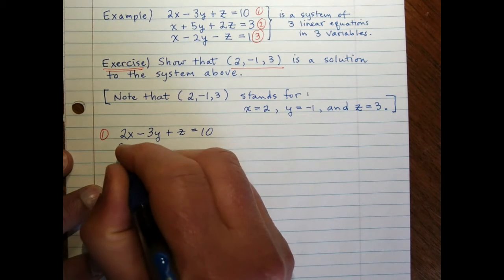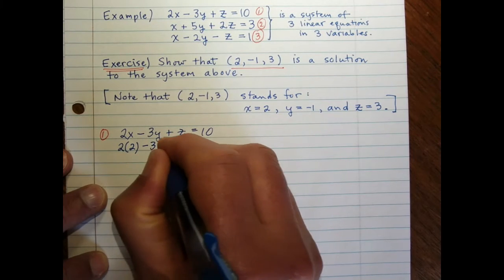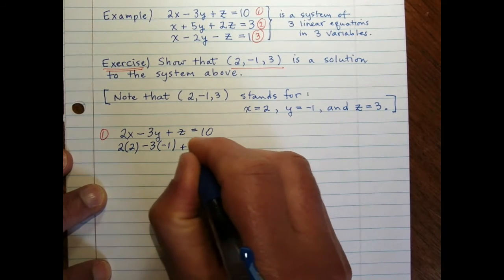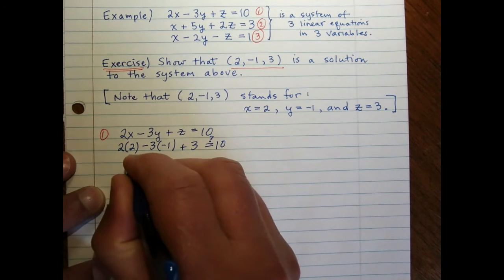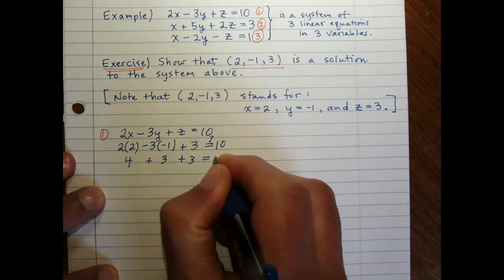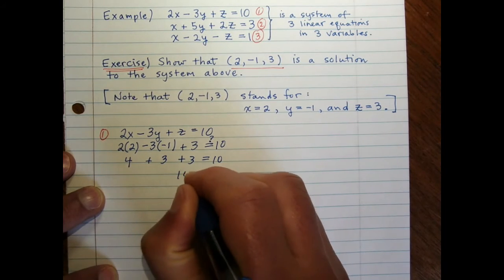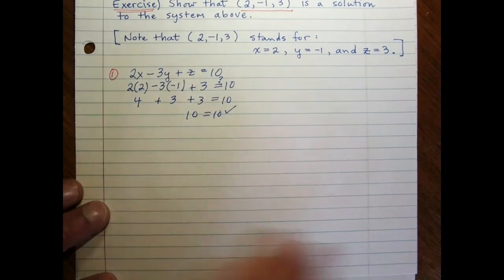So I'm going to plug in 2 times 2 for x, minus 3 times negative 1 for y, plus 3. And I'm asking myself, is that equal to 10? 4 plus 3 plus 3, is that equal to 10? 10 equals 10. Checks out in equation 1.